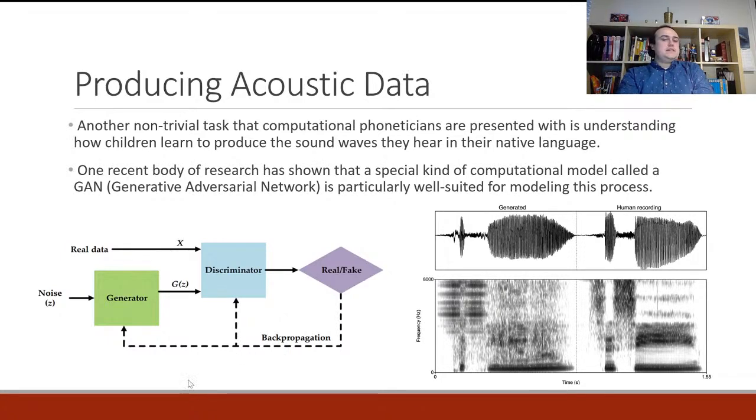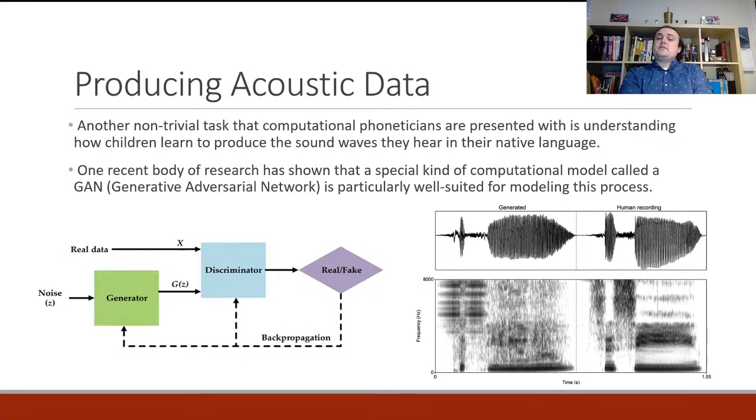So it's going to create a sound wave that depends somewhat on that random input it got. You're also then going to take some audio from a human, some speech data from people saying things. And you're going to give that real human speech data and the generator's audio to a discriminator. The discriminator's job is to tell you whether or not the audio it's given is from a real human or from the generator.